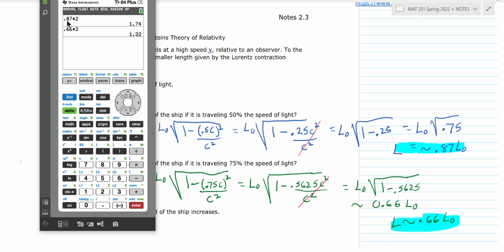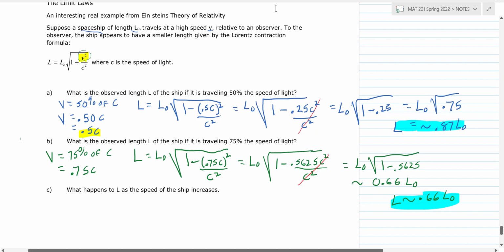So if we take 0.87 times 2, we get this. 0.66 times 2 gives that. So it's just going to get shorter and shorter and shorter as we get closer to the speed of light. Okay, so the idea on this is L appears to get smaller.